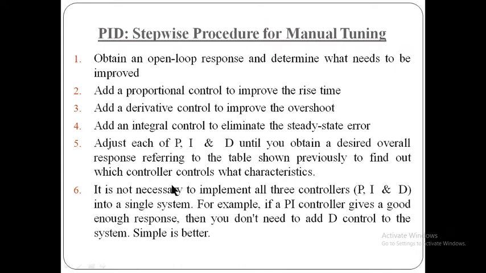Then we are going to see the effect of this P, I and D controller. The sixth step: it is not necessary to implement all three controllers P, I and D in a single system. For example, if a PI controller gives a good enough response, then you don't need to add D control to the system. Simple is better.